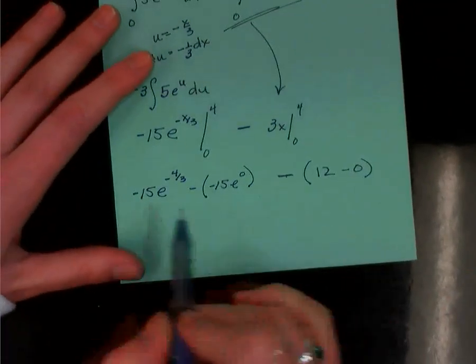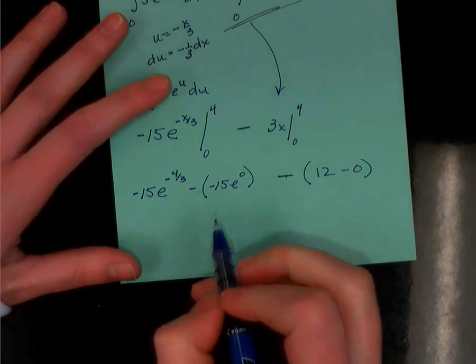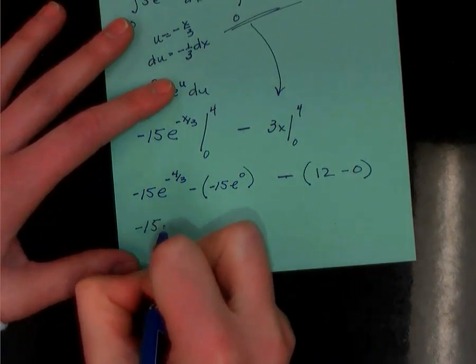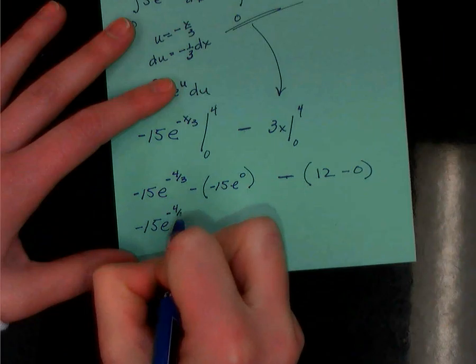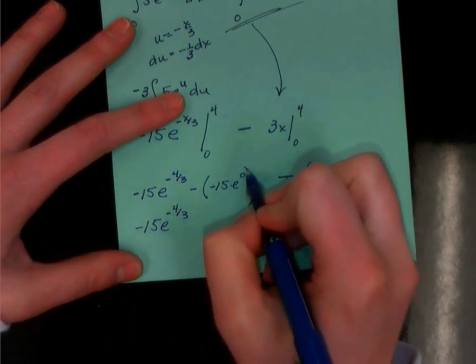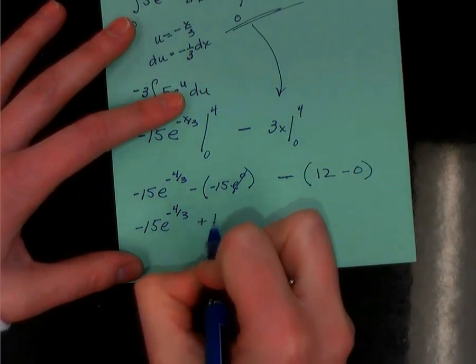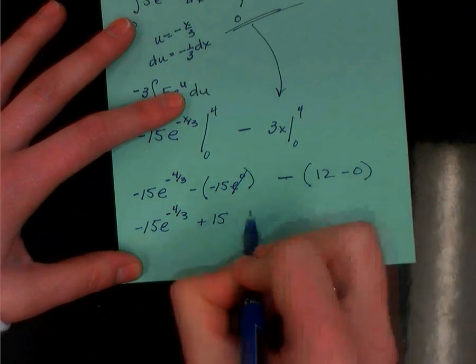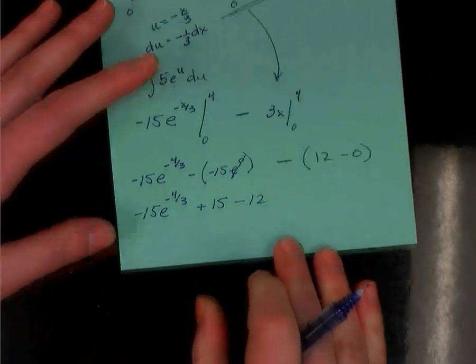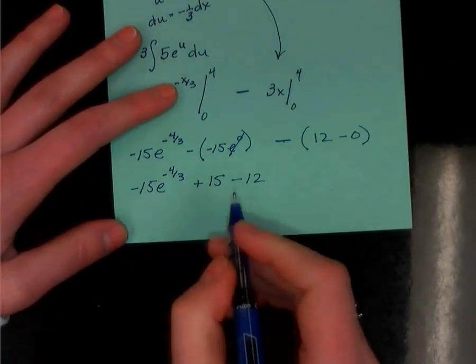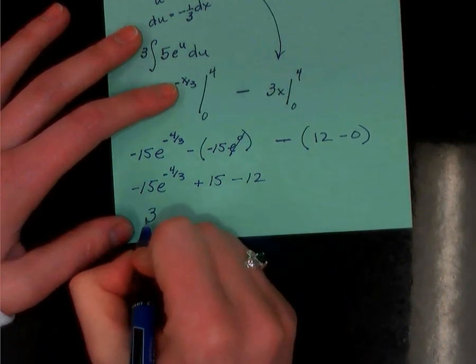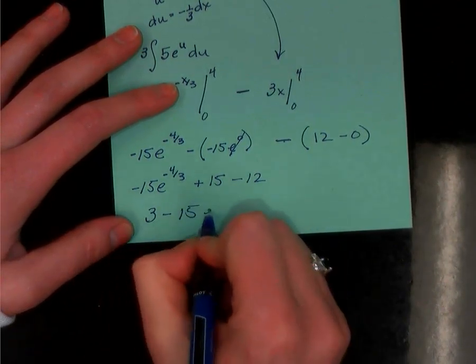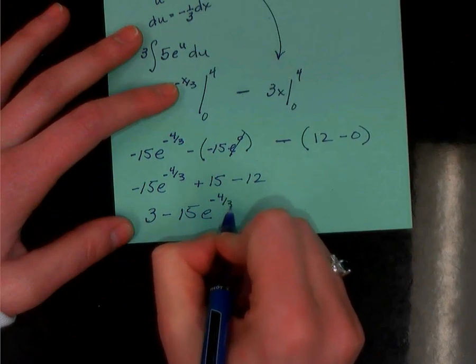So I've got negative 15e to the negative 4/3. e to the 0 is 1, so this becomes plus 15, and then over here, minus 12. So what I have is 3 minus 15e to the negative 4/3.